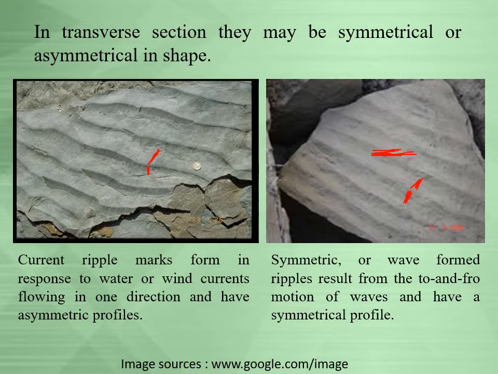The distinguishing feature of wave ripples from current ripples is, firstly, that the two sides, stoss and lee, are equal in length, that is, symmetric. Also, in wave ripples the crests are more sharply pointed than the trough regions. You can see that the troughs are broadly rounded, whereas the crests are sharply pointed.